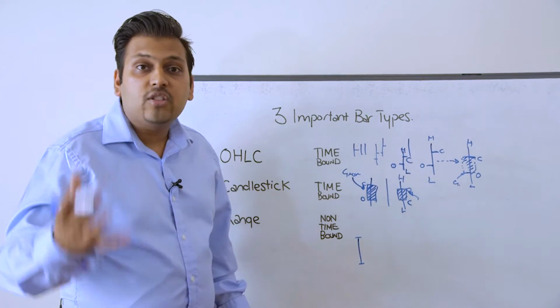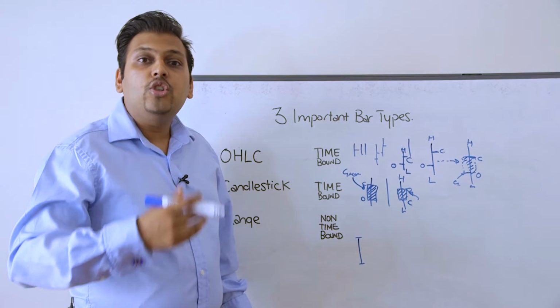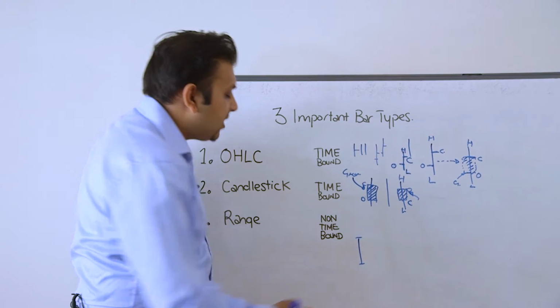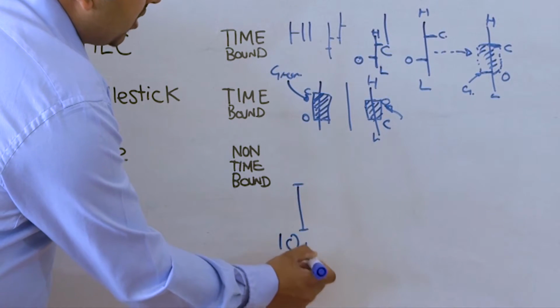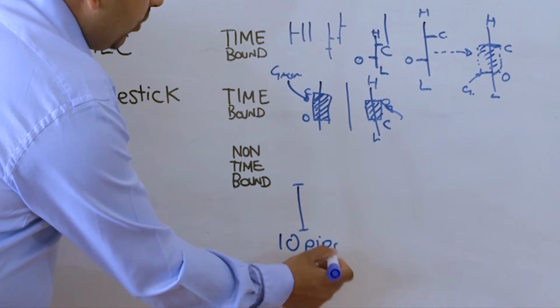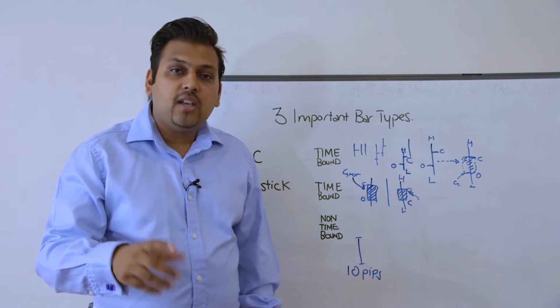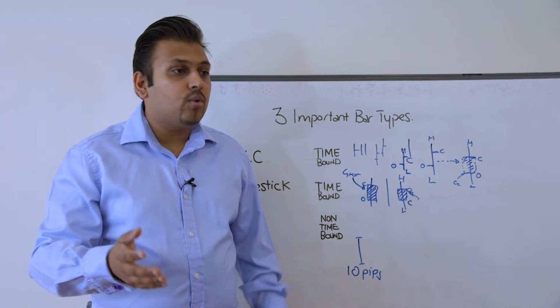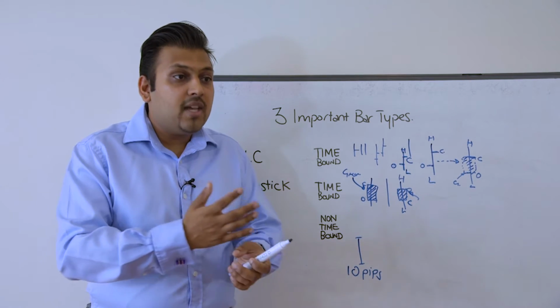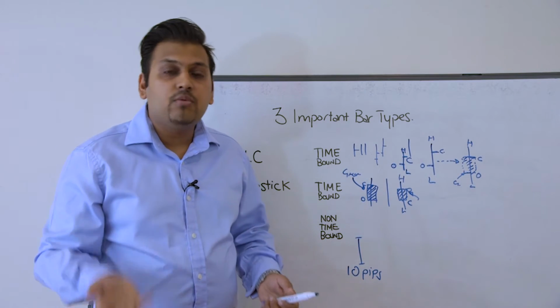In the case of FX or foreign exchange, you can use a pip range. So we may say that every time the market covers 10 pips, we would like a new bar to be formed. Now, 10 pips can be covered in the space of a minute or 30 seconds, or it may take 4 hours when the market is moving really slowly.